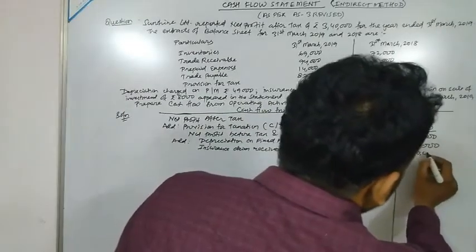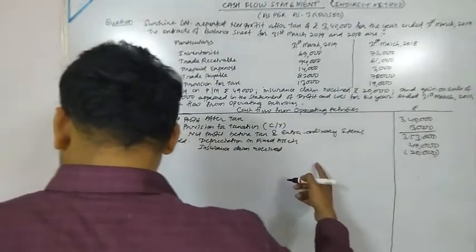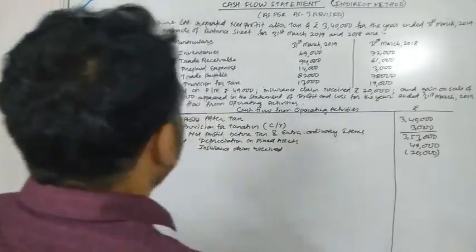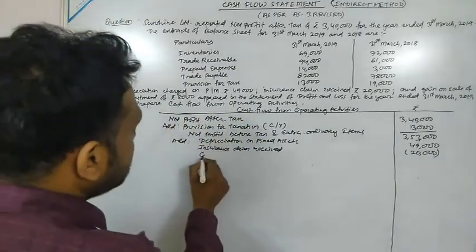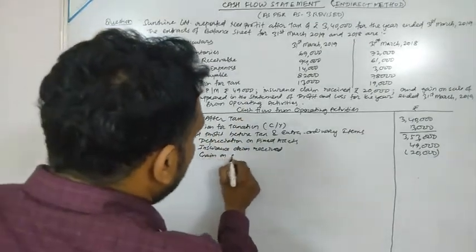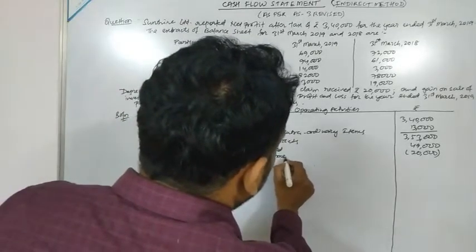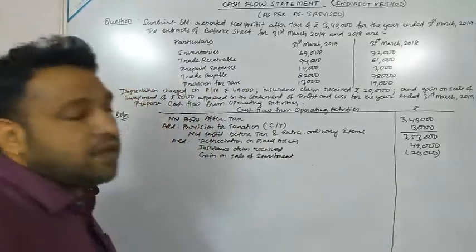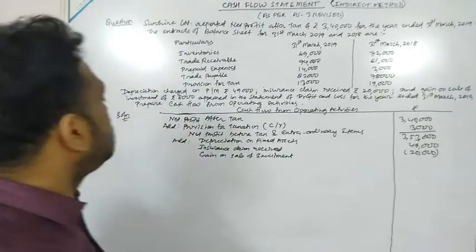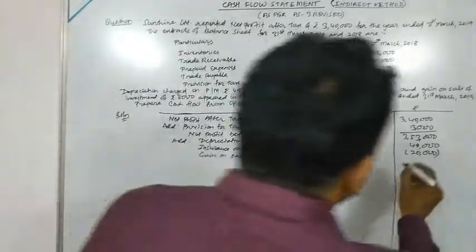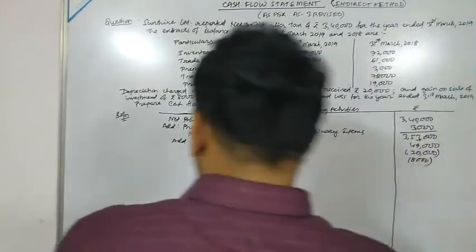So 20,000 insurance claim received would be subtracted. Now gain on sale of investment is a profit item, a non-operating income, so it will also be reduced. It is 8,000.